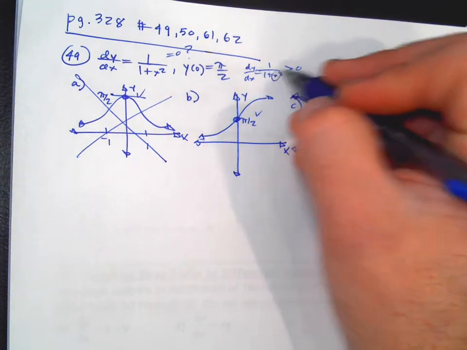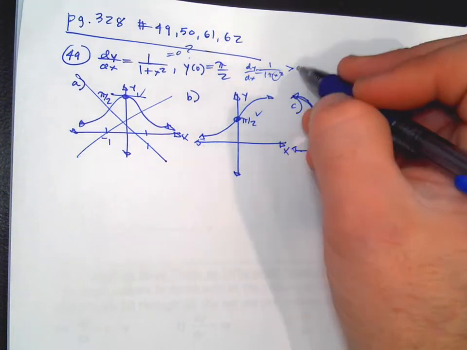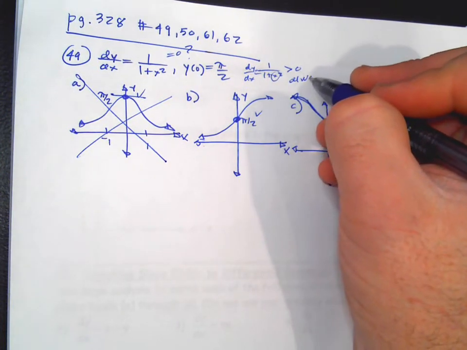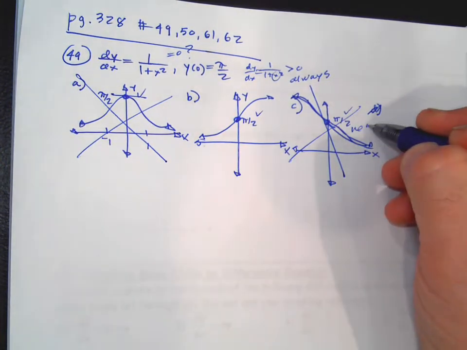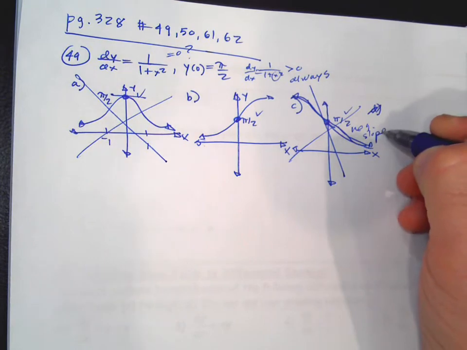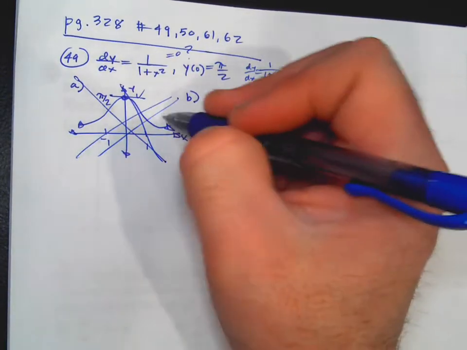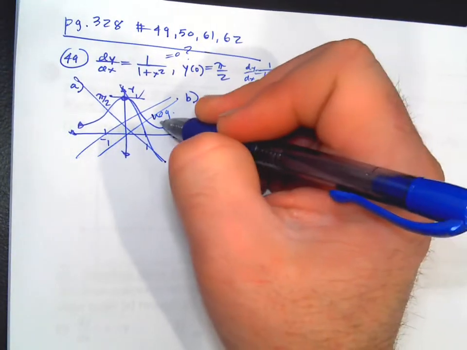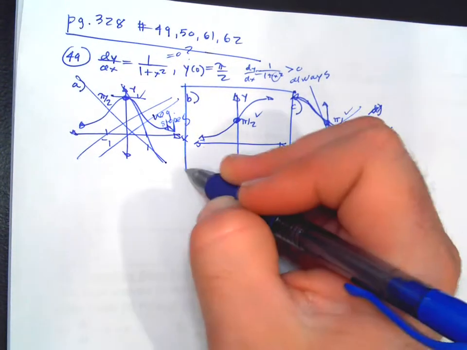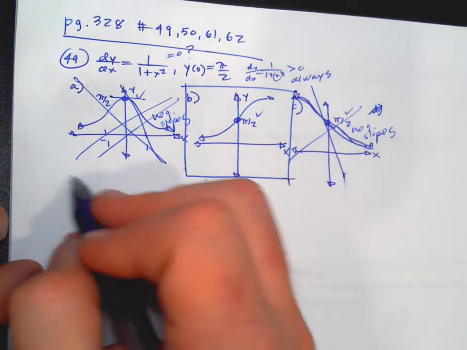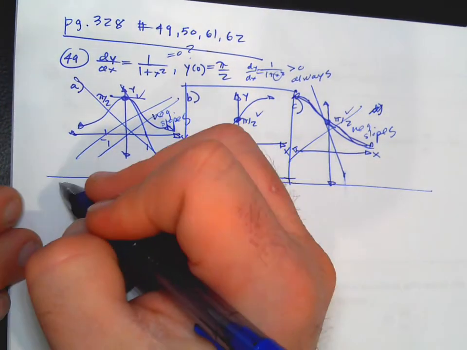No matter what you plug in for x, this is always going to be positive. Always positive. So any graph that has negative slopes, throw out. This one also had negative slopes. Throw it out. So just by process of elimination, this is the only one that could be it so far.